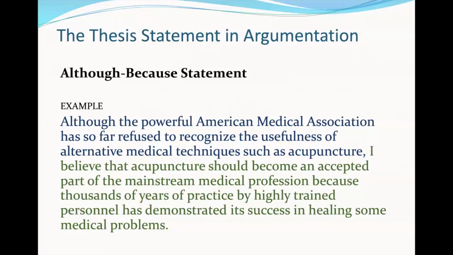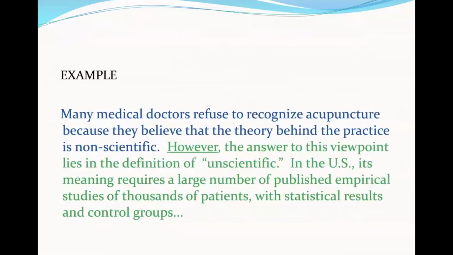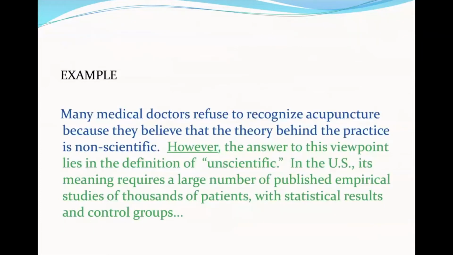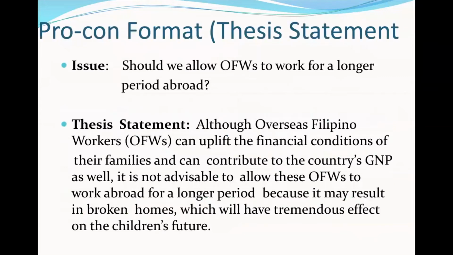Why? Because thousands of years of practice by highly trained personnel has demonstrated its success in healing some medical problems. So that's the reason. This is one example of a thesis statement, and here is another example.